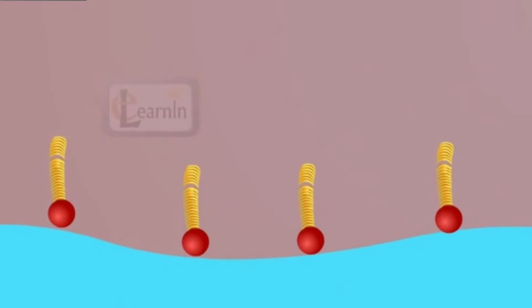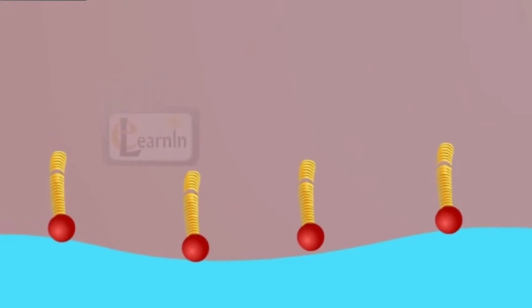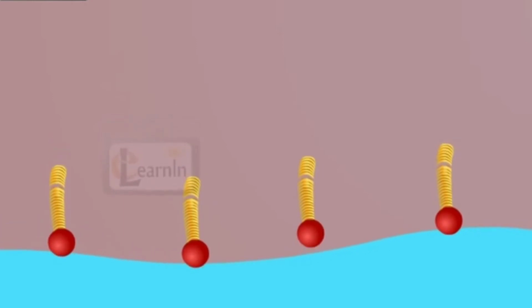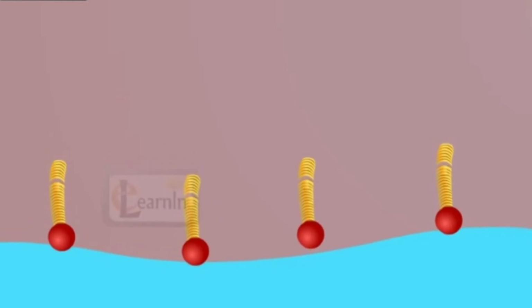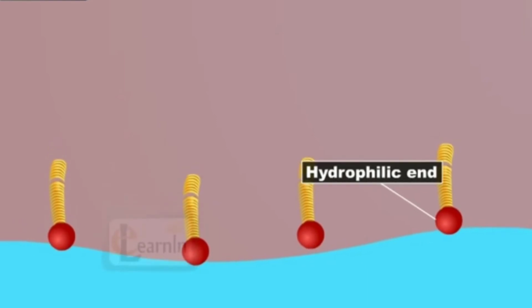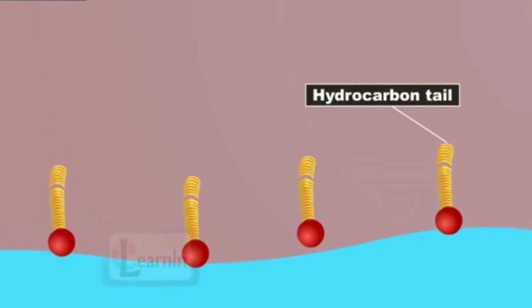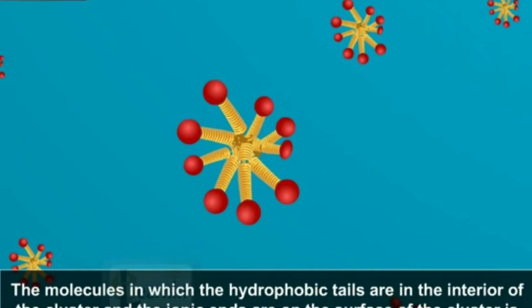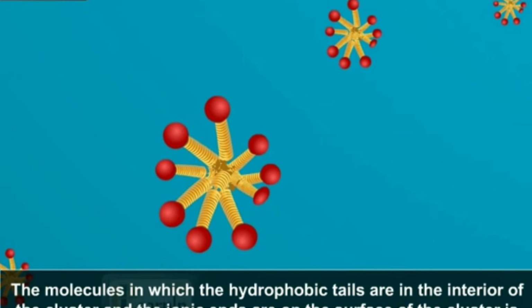When we dissolve soap in water, the hydrophilic head goes into the water and the hydrophobic end moves out of the water. Thus, the soap molecules line up on the surface with the hydrophobic end outside.